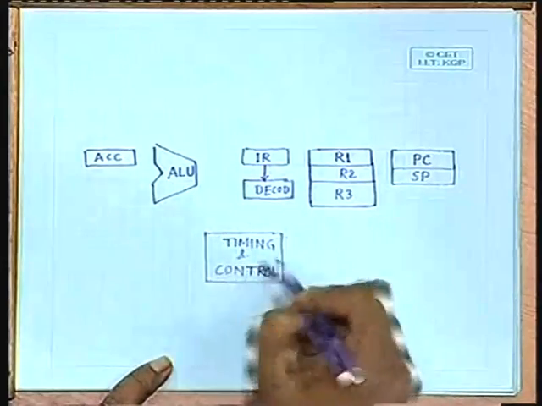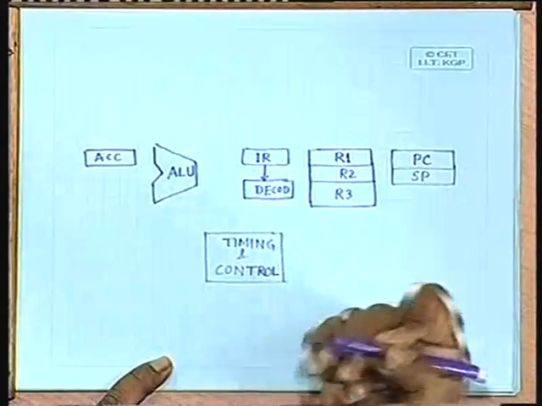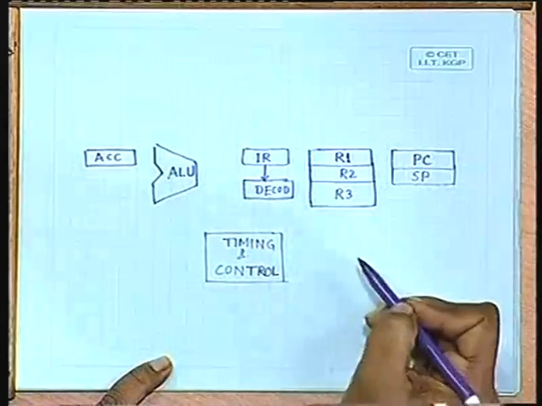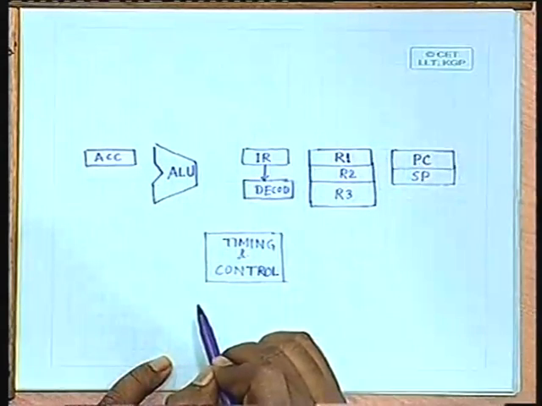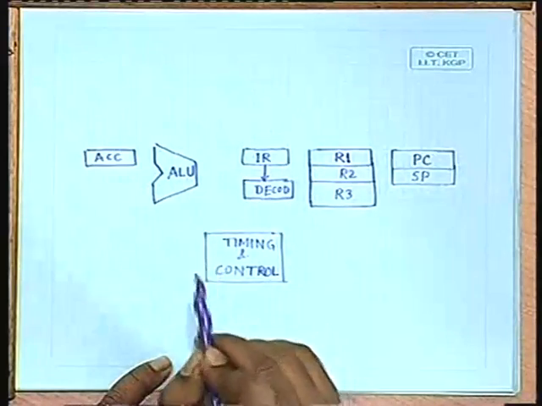This timing and control unit generates all the control signals in a proper sequence, so that a specified task can be executed. And the task which is to be executed is dictated by the instruction which is under execution, and that is interpreted by the instruction decoder.